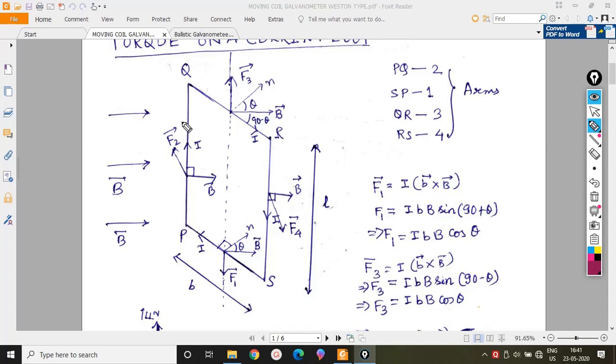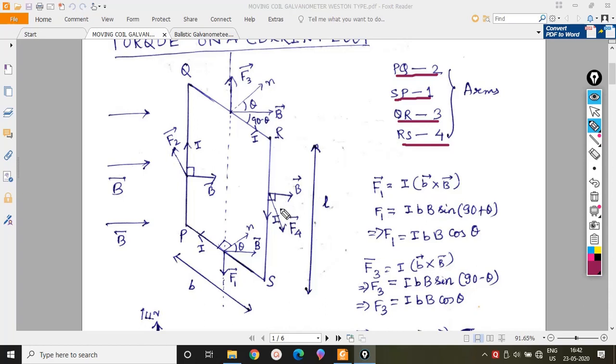With this diagram we are going to analyze the forces in the different arms. I have called the SP arm as arm 1, PQ is arm 2, QR is arm 3, and RS is arm number 4. For simplicity, we have given names to the arms so that you can easily understand.